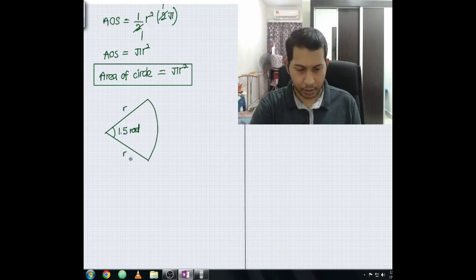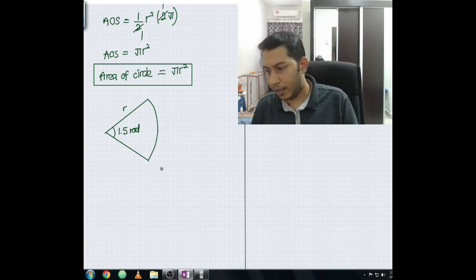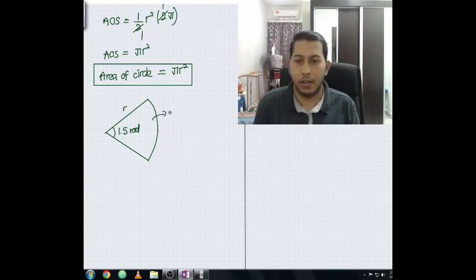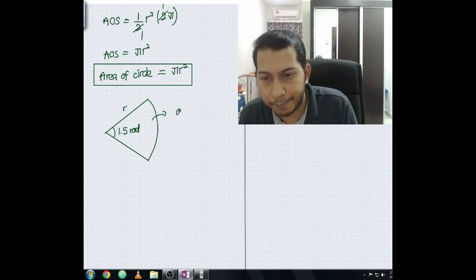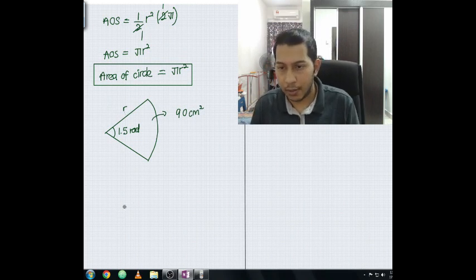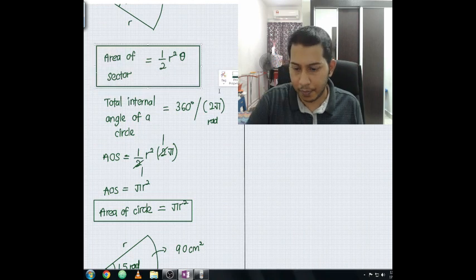The radius I leave it blank. The area I put here as 90 centimeters square. So how to find the radius? From here let us apply the area of sector formula. Let me just copy paste this.